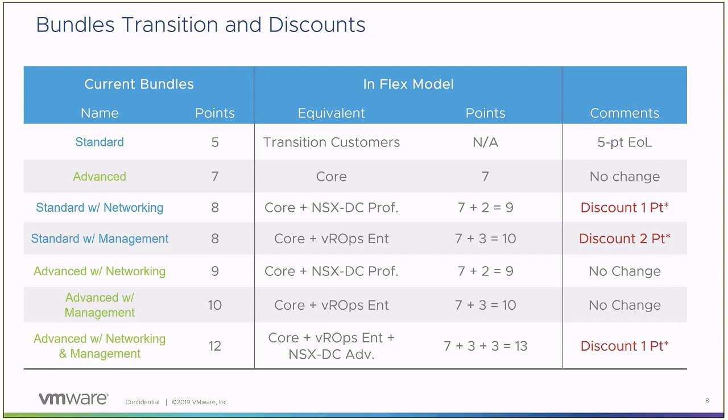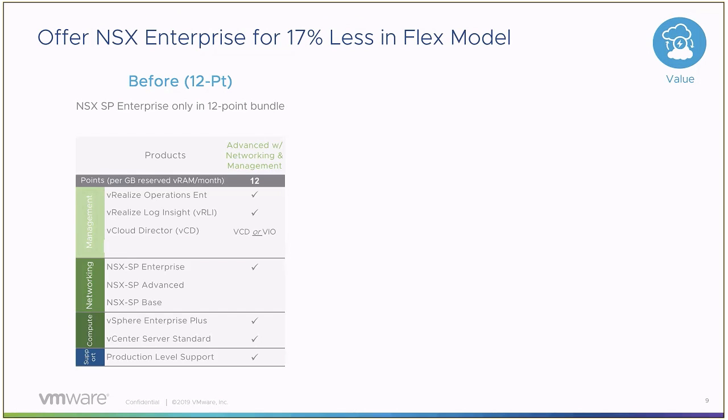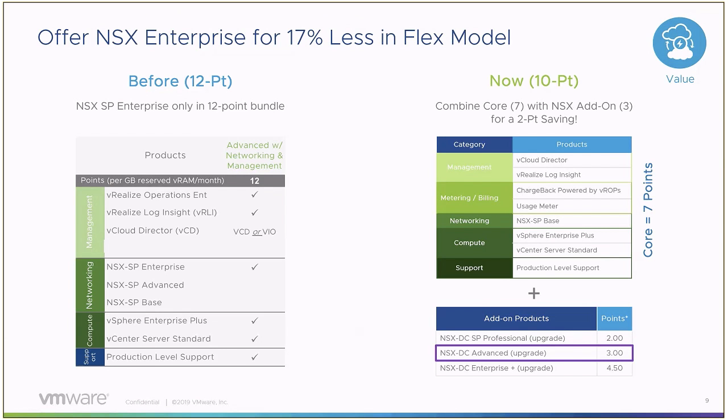But we also have examples where some of you will have a cheaper price and pay less with this new model. For instance, the 12 bundle with the NSX SP Enterprise, which is only in the 12 bundle, will now pay only 10 points, so they will actually save 2 points.